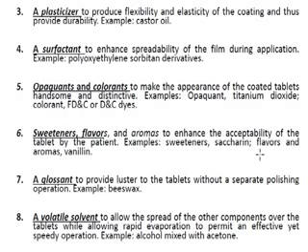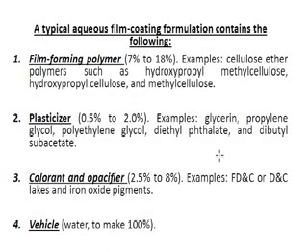Then some volatile solvents are also used to allow the easy spread of the other components over the tablets. Generally, when we are mixing the main ingredients in your coating solution, to give easy spreading of that material on the surface of the tablet, we can use volatile solvents also. Then typically, what concentrations are we generally using?